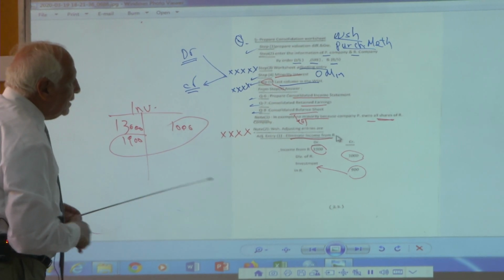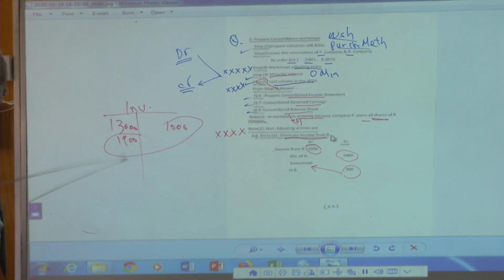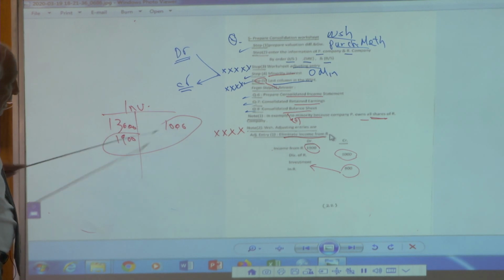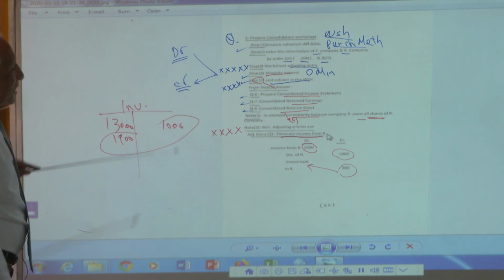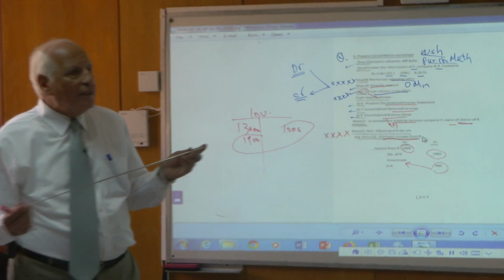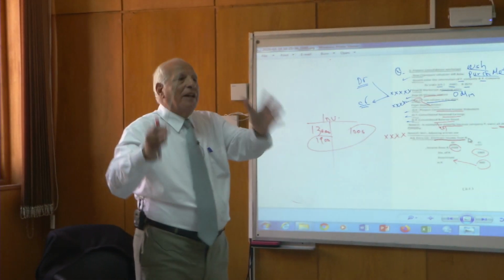First, debit income from R, 1,900. Look at the account. Income from R, look at it in the account. Credit dividend. The difference between debit and credit gave me this. The adjusting entry, I told you, we do it for a reason. The reason is to put company B and company R together as one company.